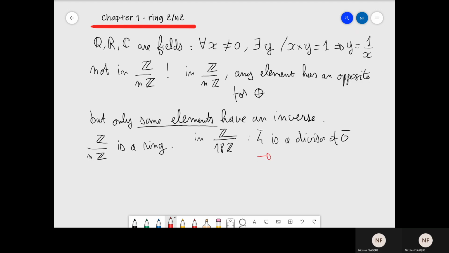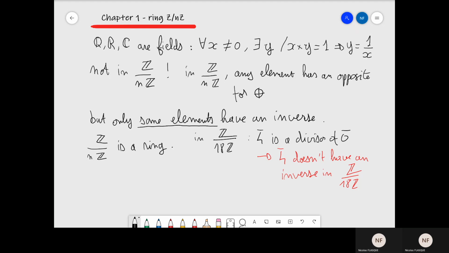So 4 bar doesn't have an inverse in Z over 18Z, because actually there's a relation between 4 in 4 bar and the value of n, which is here 18.